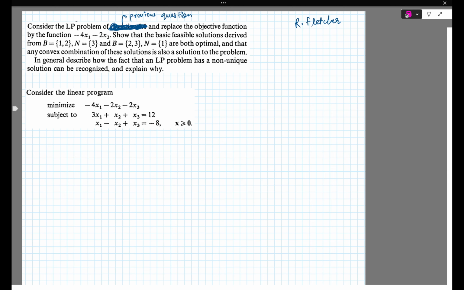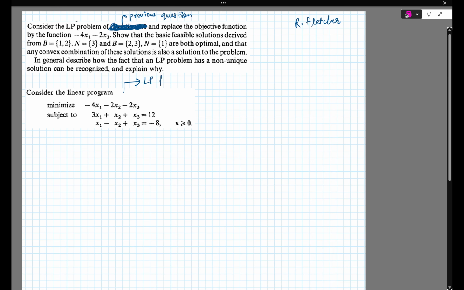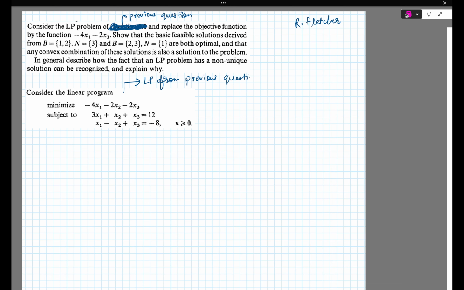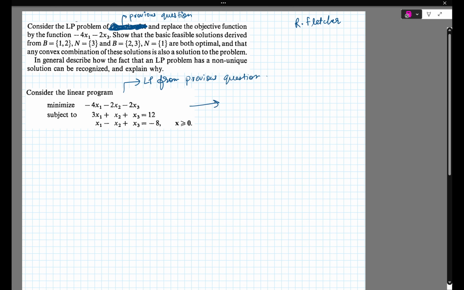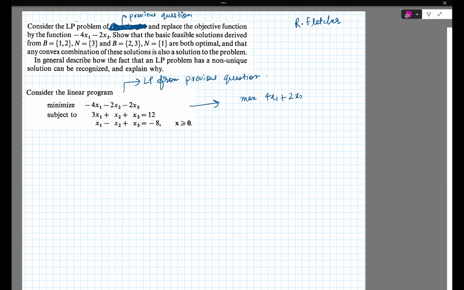Okay, then that will be a calculative problem. So the LP from the previous question, so modified will be, let's say, max 4x1 plus 2x3 subject to.